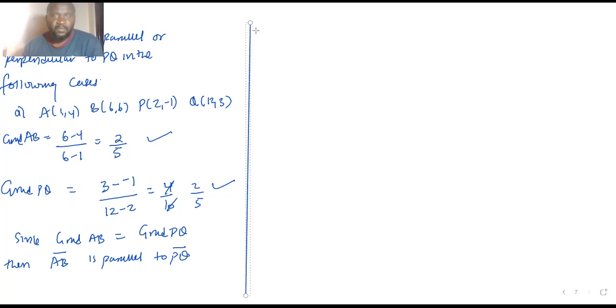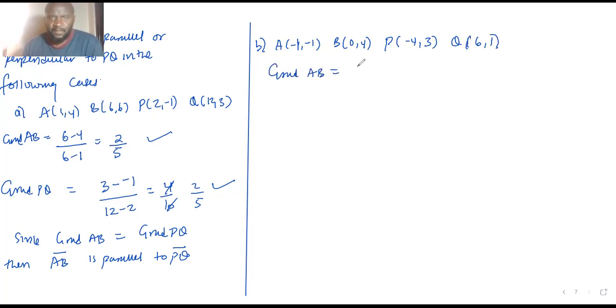Then the second question on that note is this one, part B. A is (-1, -1). B is (0, 4). P is (-4, 3). Q is (6, 1). Gradient of AB will be (4 minus -1) out of (0 minus -1).